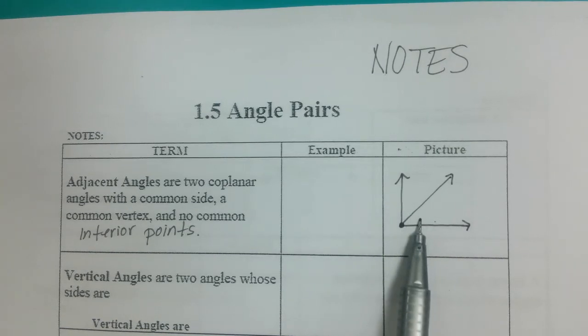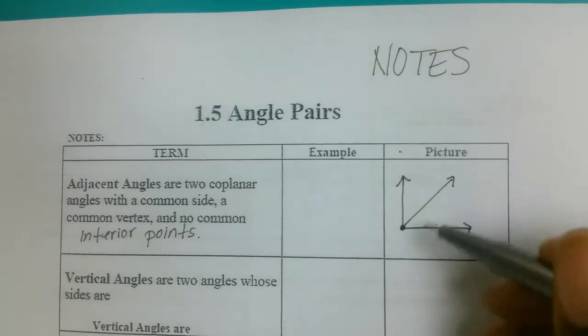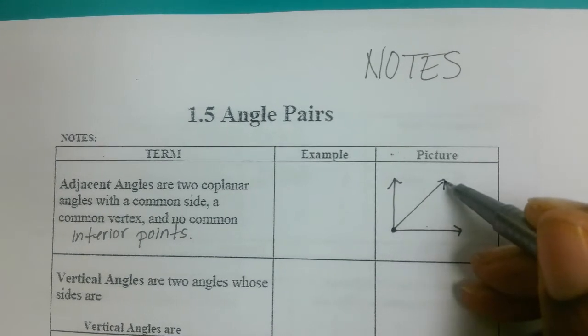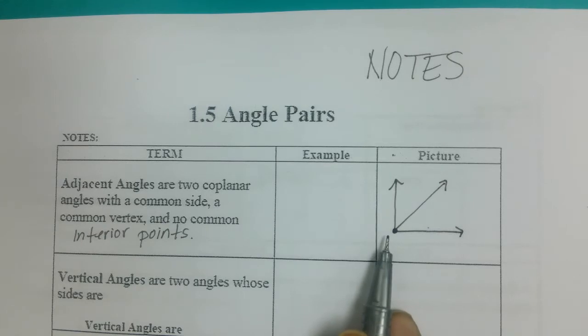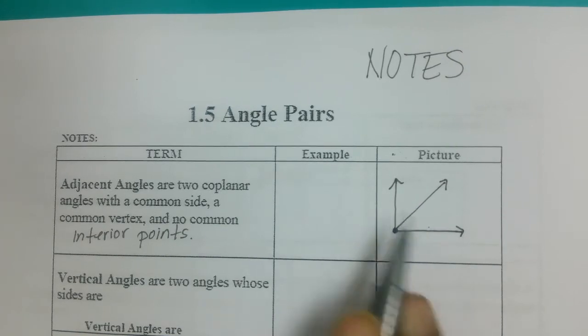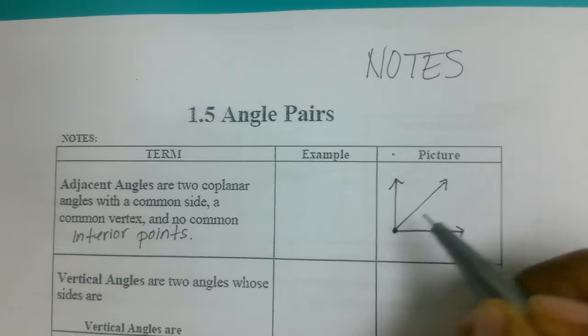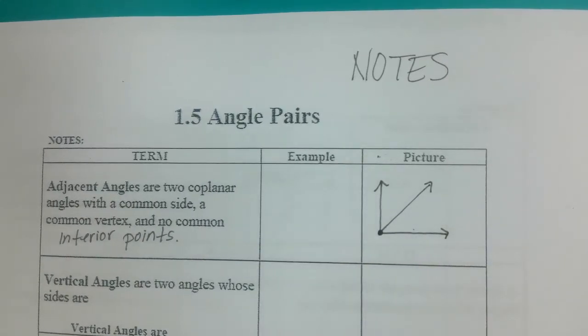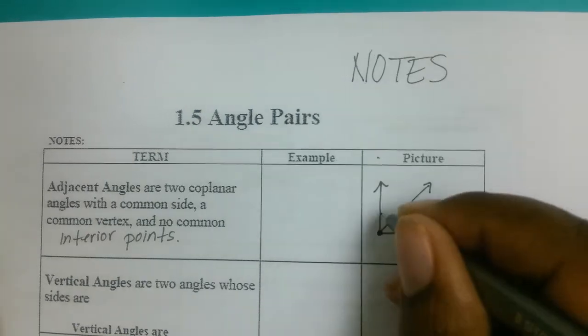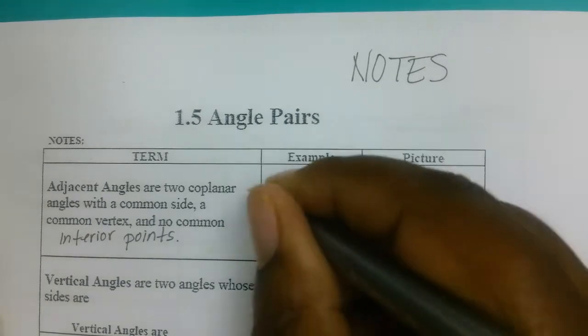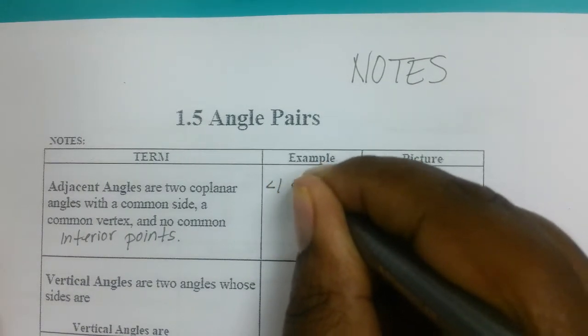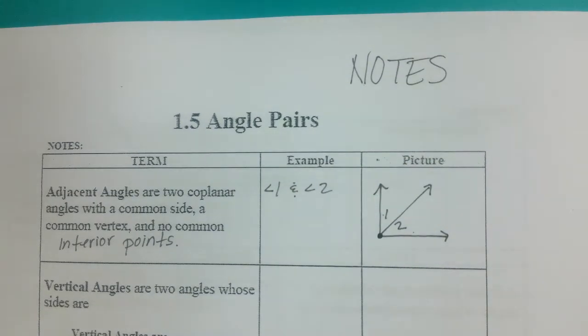These two angles share a side, their common side, and they share a vertex. When it says no common interior points, that means there's no overlapping. So angle 1 and angle 2 are adjacent. They're right next to each other.